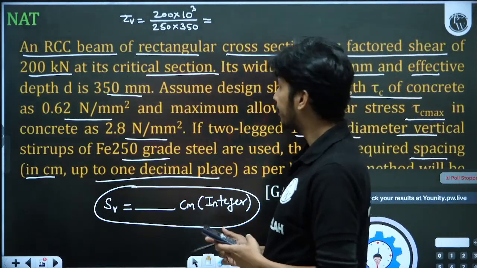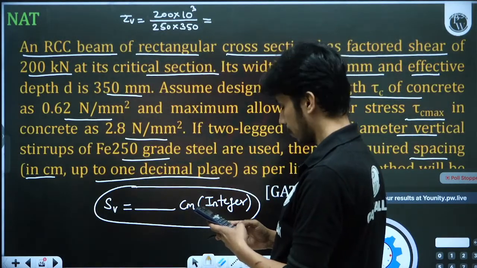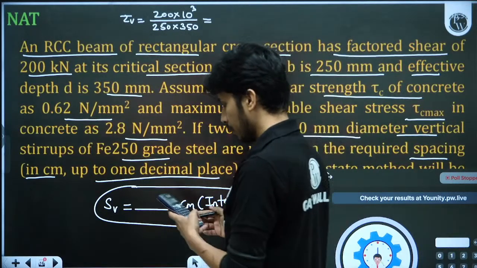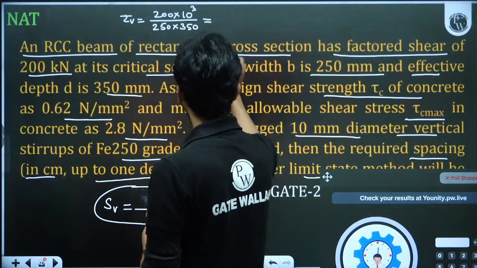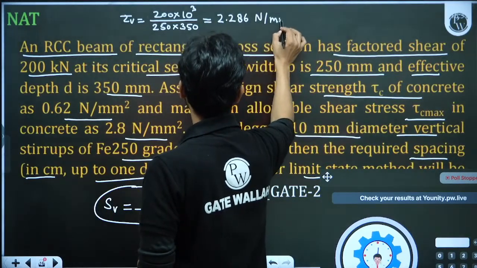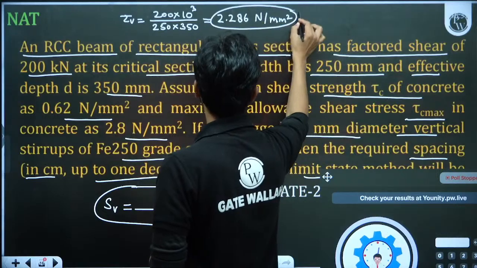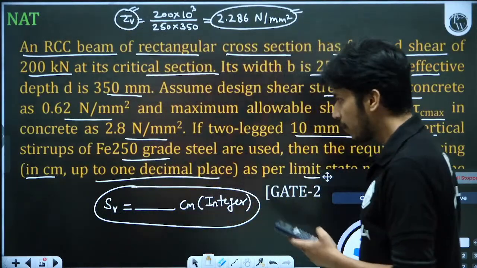Let us check. Tau v is 2.286 Newton per mm square.